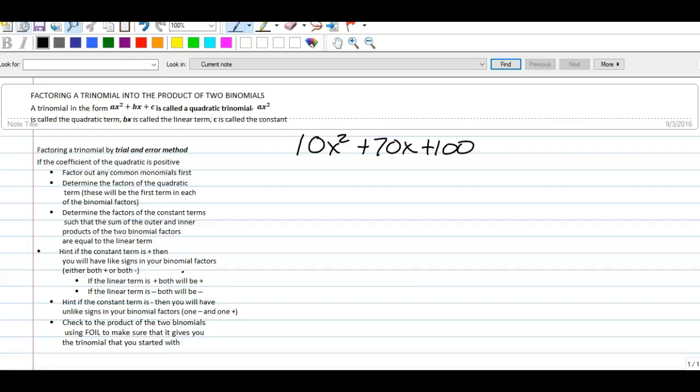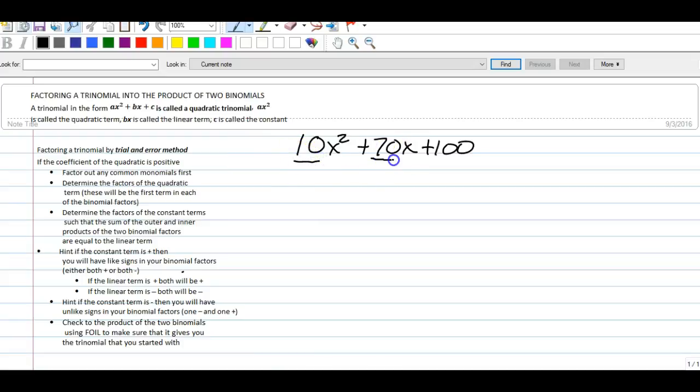However, we can actually reduce the number of possibilities in this particular case because we can factor out a common monomial factor. So anytime you have a quadratic equation that contains a common monomial factor, you need to factor that out, because it makes the quadratic easier to factor because it reduces the number of trials and possibilities and the combinations that you have to consider.